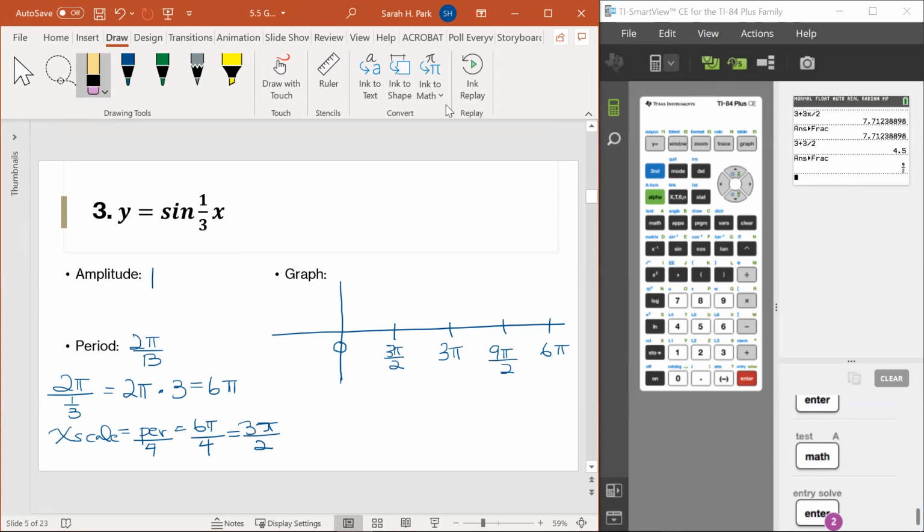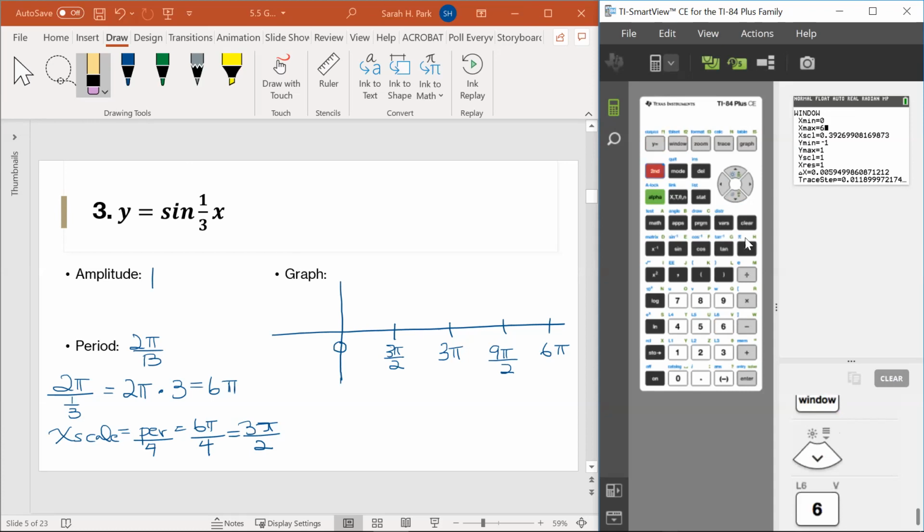Okay, so let's take a look at this graph here. And you can see the 1/3 in front of the x makes the period much longer, 6 pi. So changing the window, x min is 0 and x max is 6 pi, and x scale is 3 pi over 2, and our y min, y max is going to stay the same.